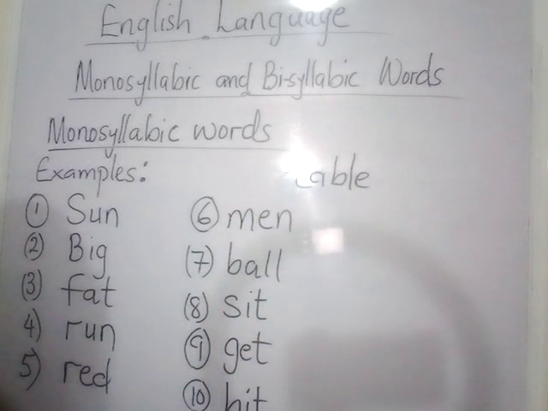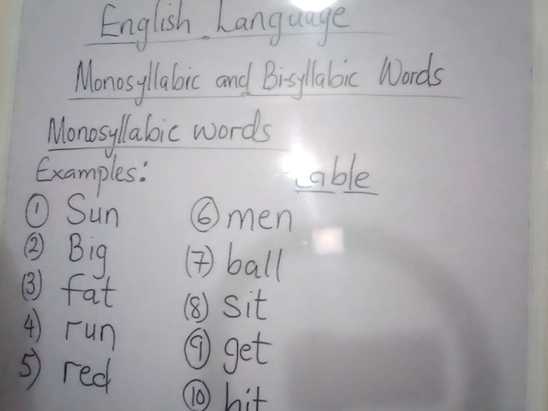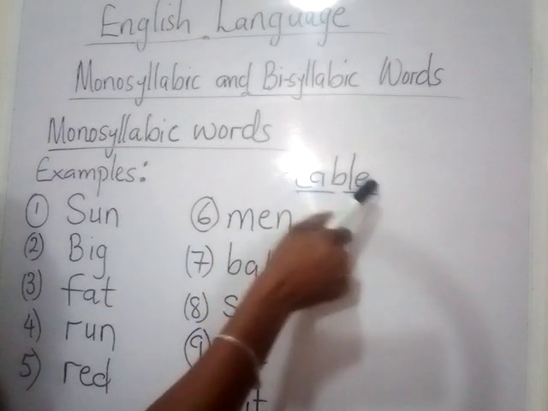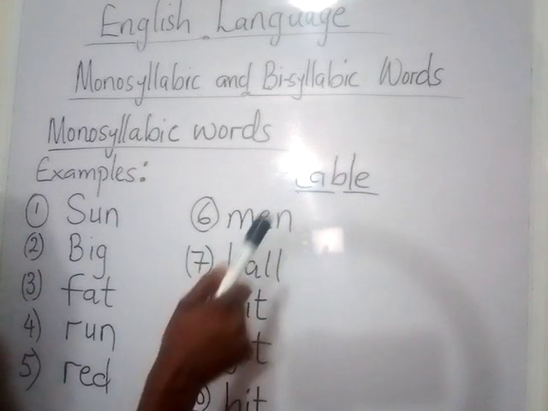You see the ta is one unit of sound, and the ble is another unit of sound. So a word like this, you cannot call it a monosyllabic word. It does not just have one unit of sound, it has two units. But if you look at this word, for instance, men, just one.